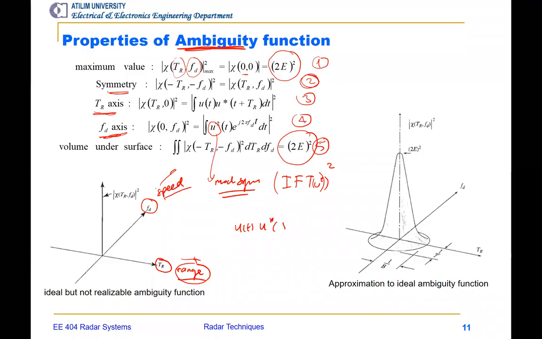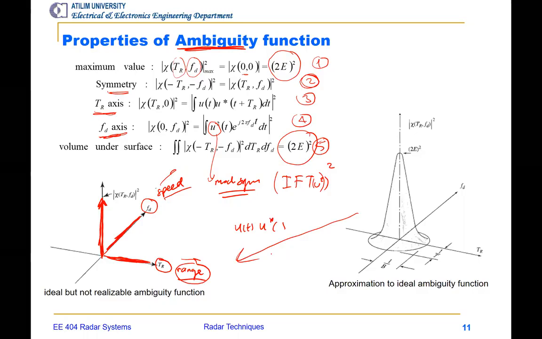So in order to get unambiguous range and speed, we expect that the ambiguity function becomes a Dirac delta, which means that there is no ambiguity over the speed and no ambiguity over the range. This is theoretical, of course. There is nothing like this.